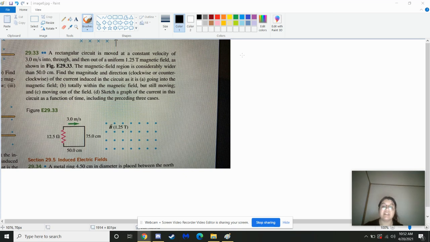Then the induced EMF is going to be E equal to negative dΦ/dt, right? So then the induced current is going to be I equal to E over R.